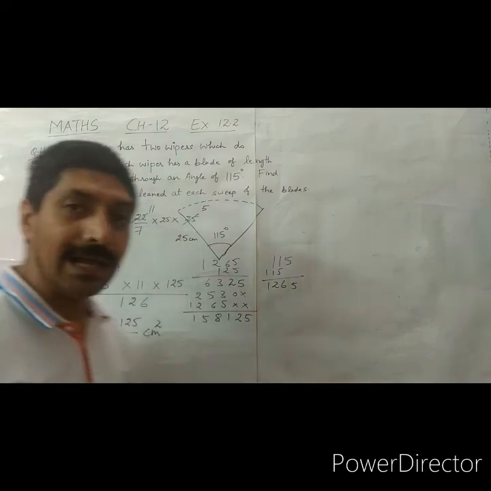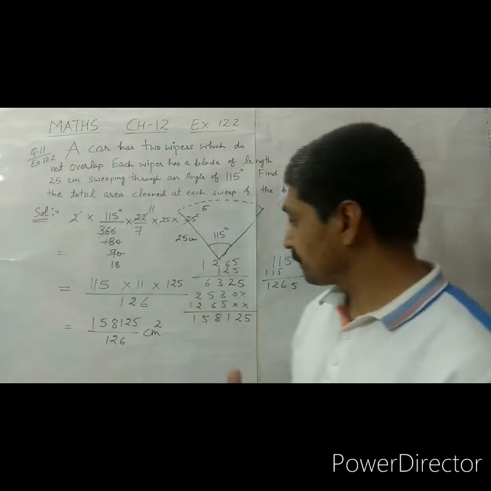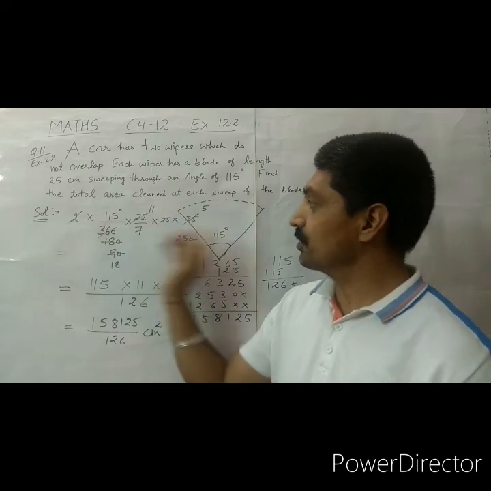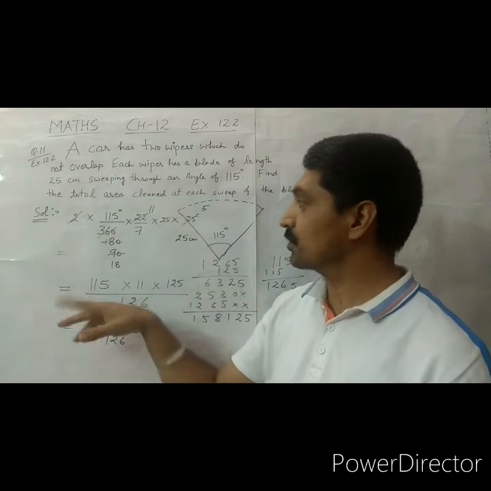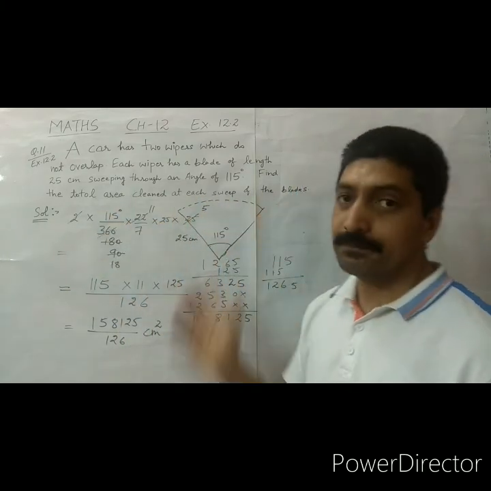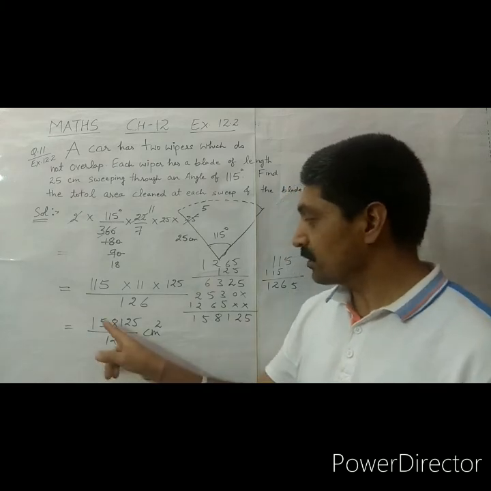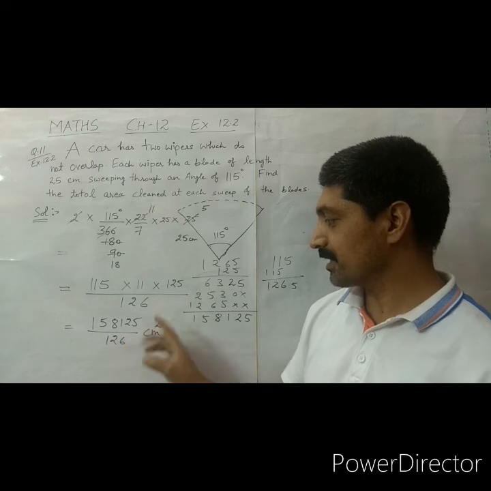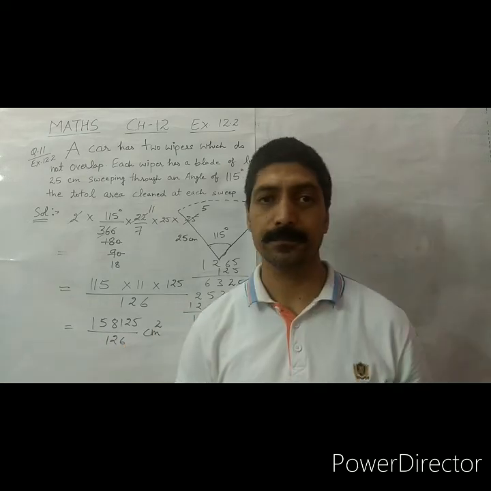Area is always in the square. So this is the area for the two such wipers, two blades, which sweep, the area at each sweep. So there is 158125 divided by 126 centimeter square.